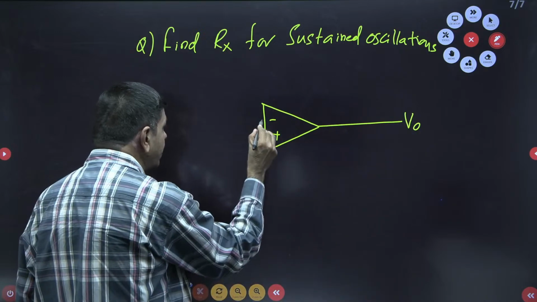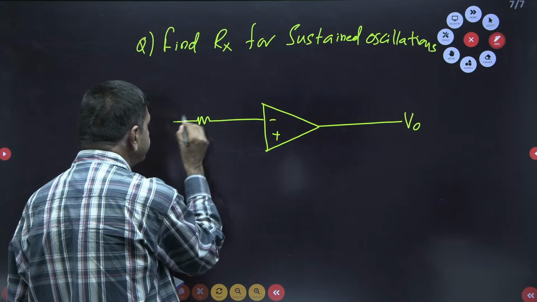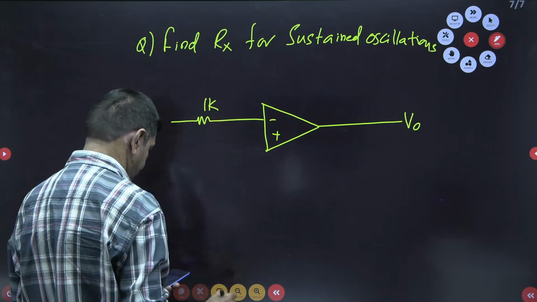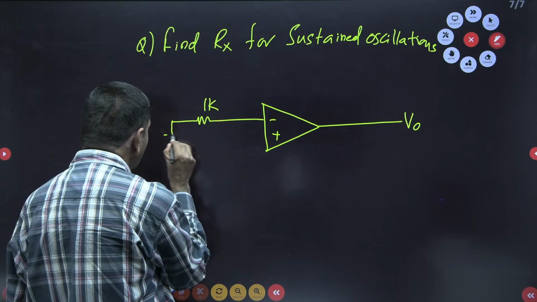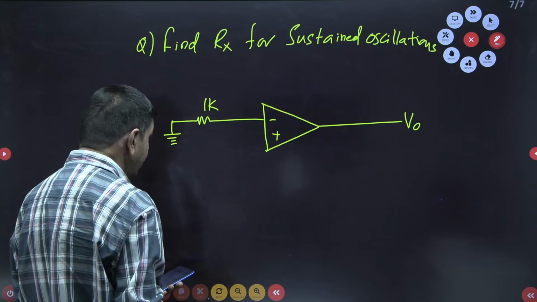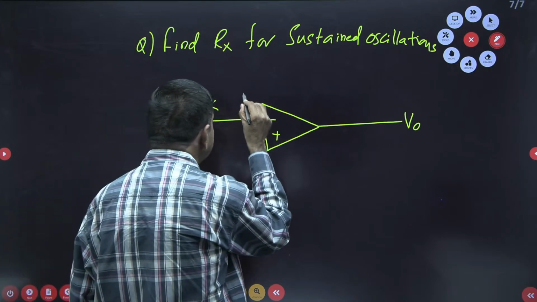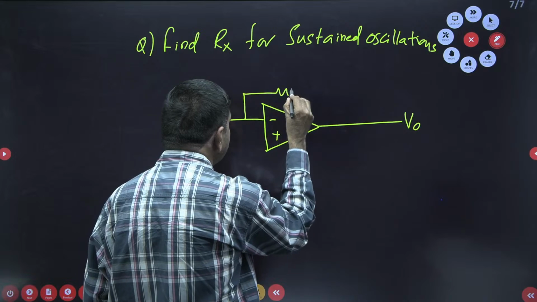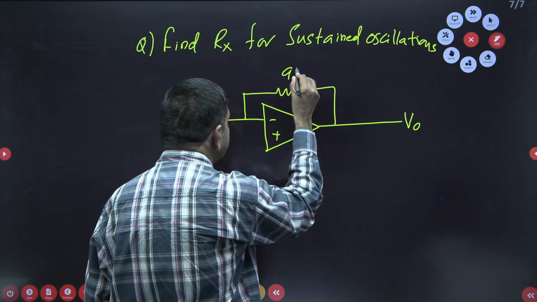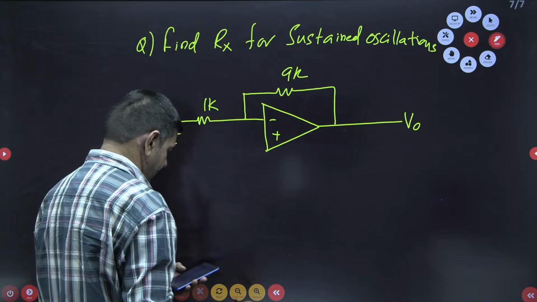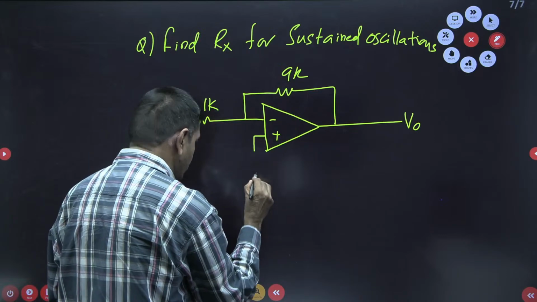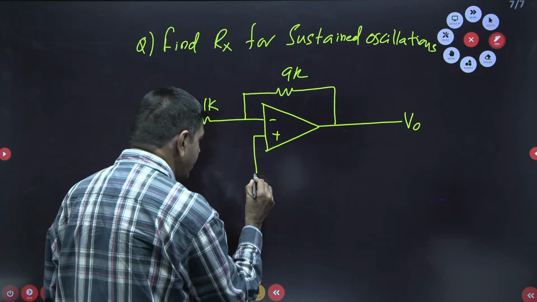This is connected with a 1K resistor, and the 1K resistor is connected to the ground. And here a 9K resistor is connected. There is one 9K resistor. And here this positive terminal is connected with one resistor like this.